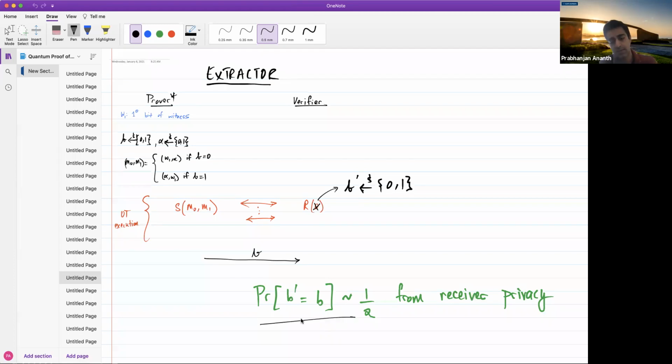So using this, we are going to run the whole protocol in superposition, and this probability will get converted into amplitude. You will end up with the amplitude of the good being negligibly close to half, and the amplitude of the bad being negligibly close to half. Let me know if I need to elaborate on this more.